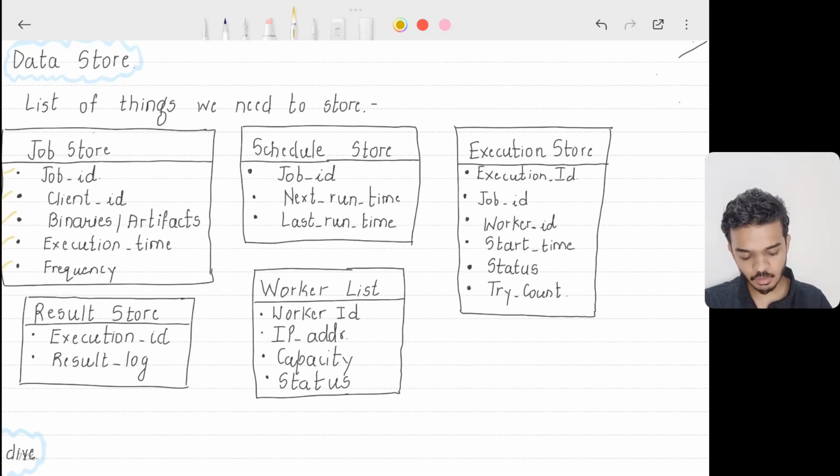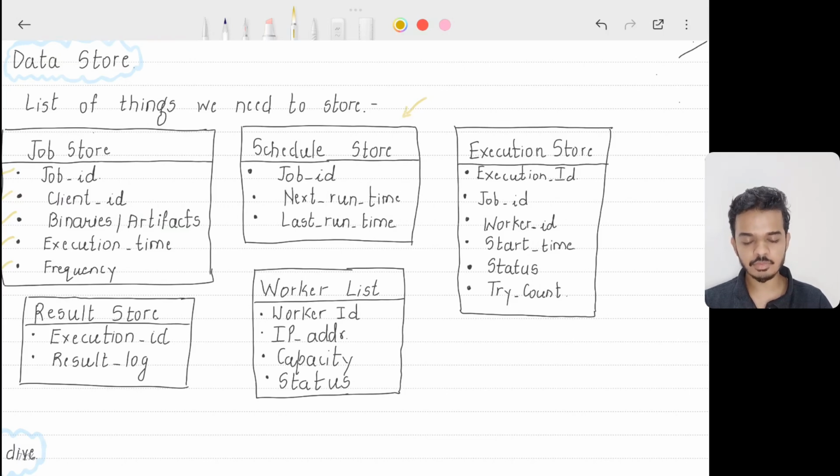Then we discussed that the scheduling service is going to pick some jobs that are going to be run at regular intervals. So where will it store these jobs? It will store them in the schedule store.